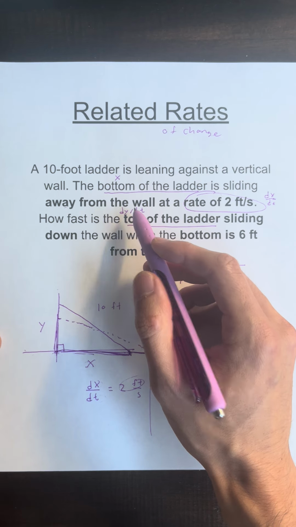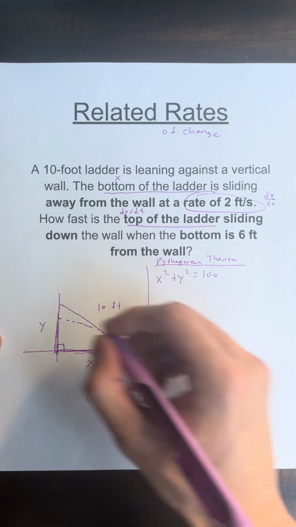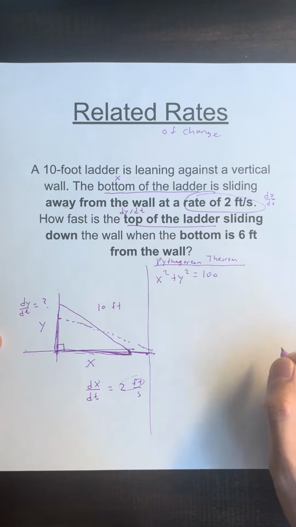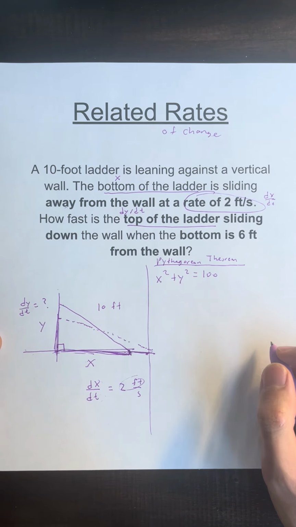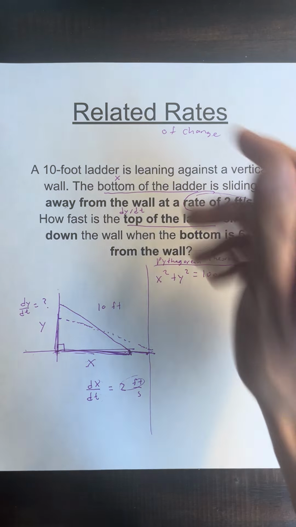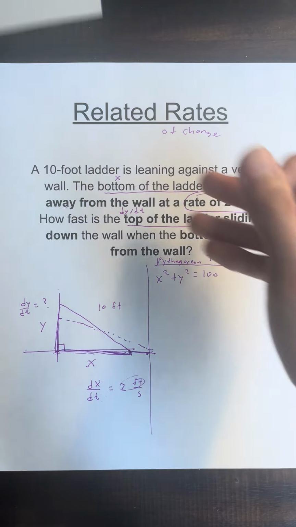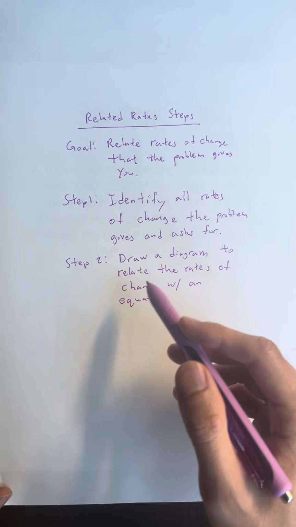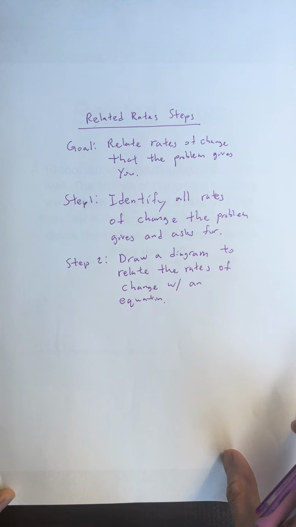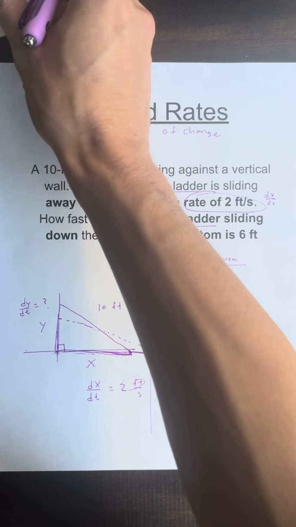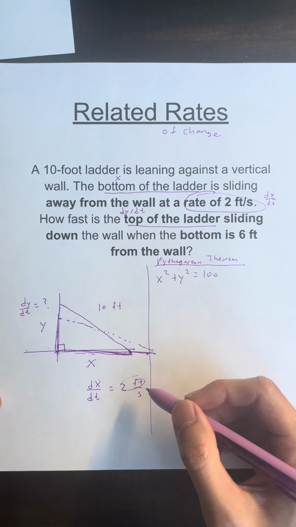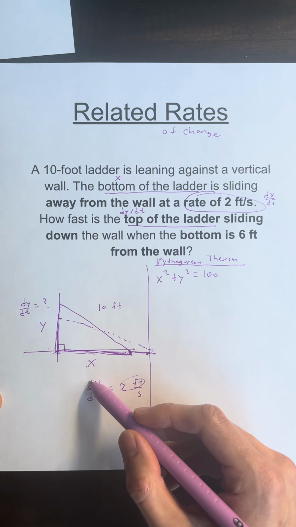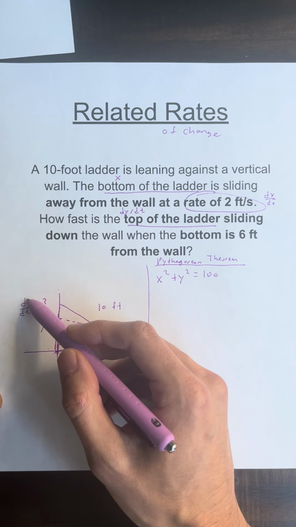But remember, what are they asking for? They want us to find dy dt. Now, we haven't quite related the rates of change yet with an equation. We've related x and y. How can we change this equation such that it relates dx dt with dy dt?